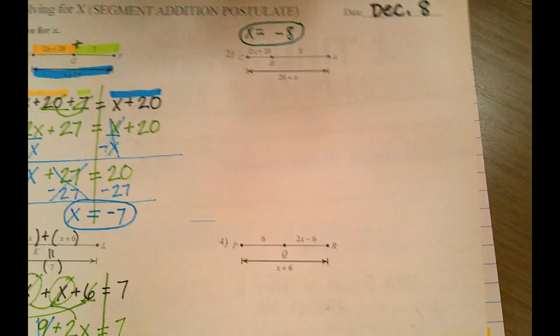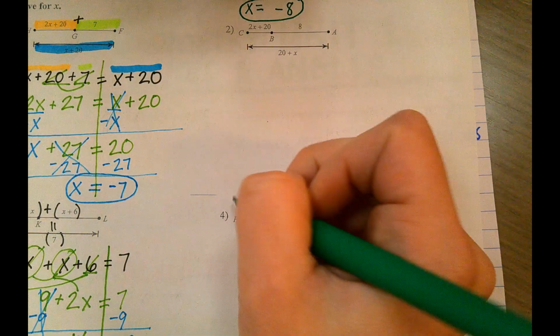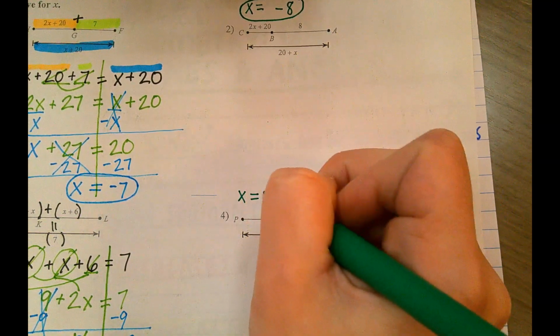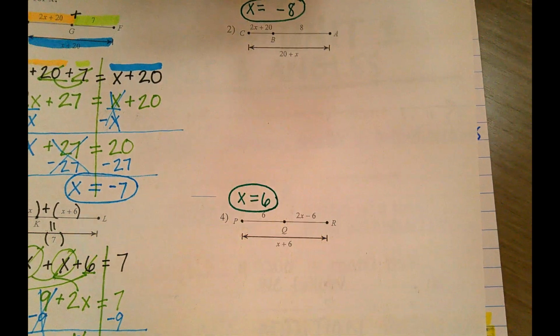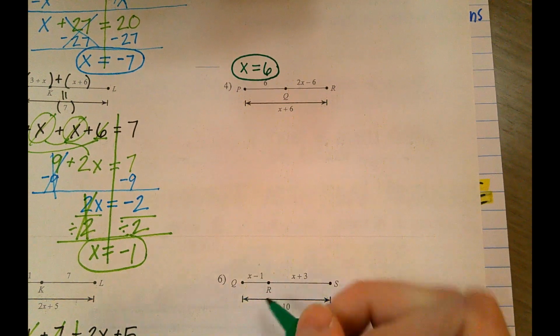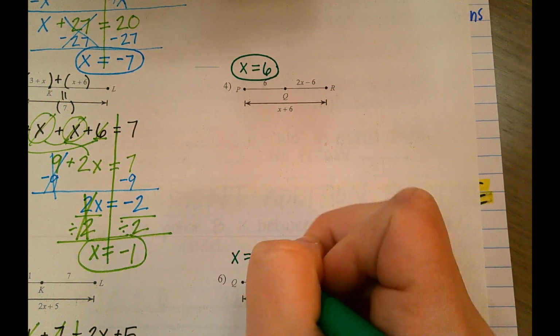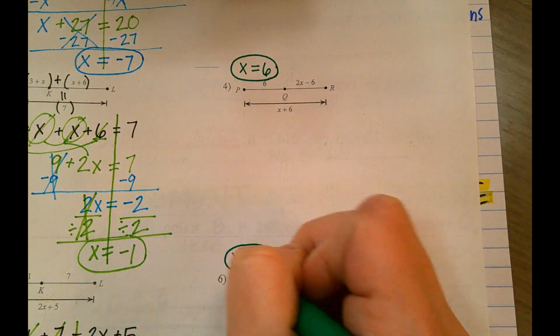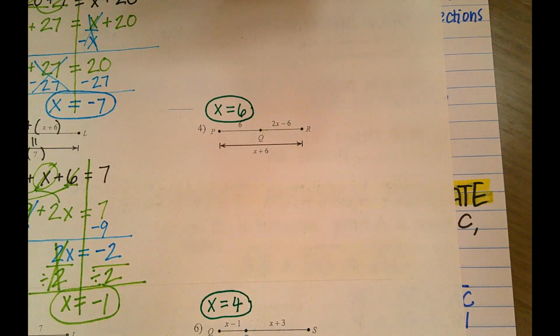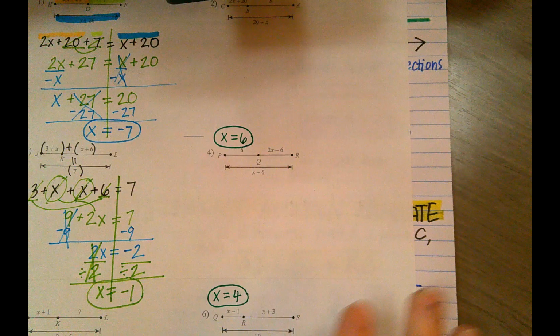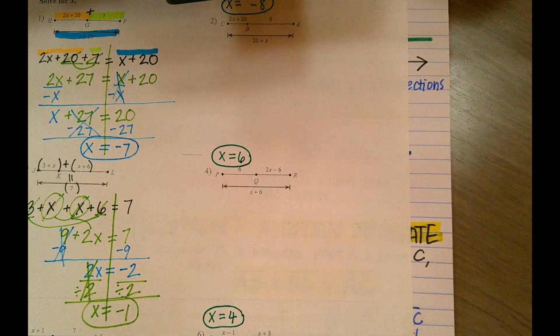For number 4, you should have gotten X equals 6. And for number 6, you should have gotten X equals 4. Good.